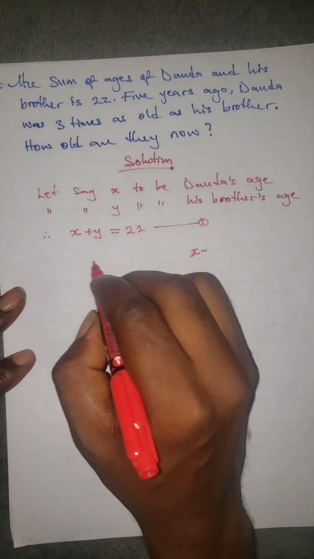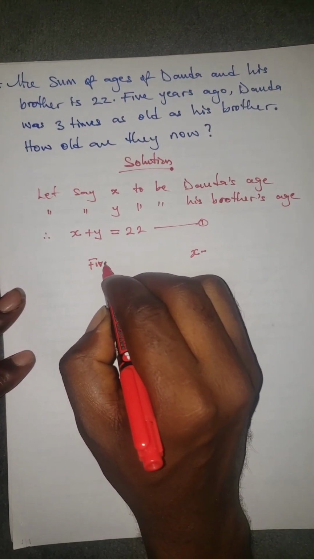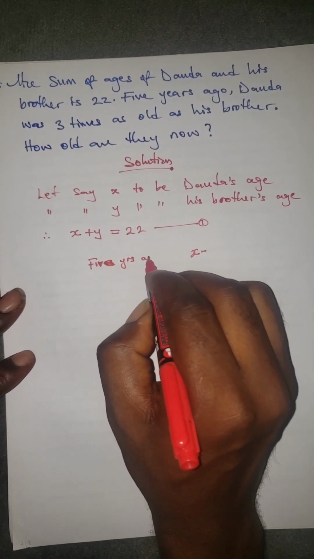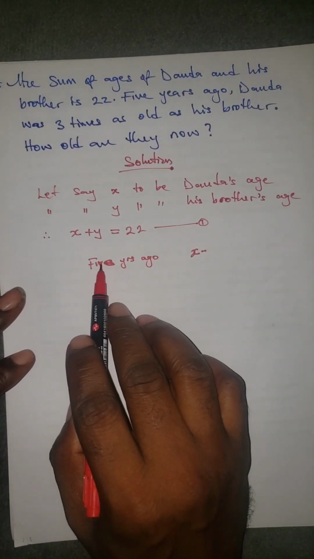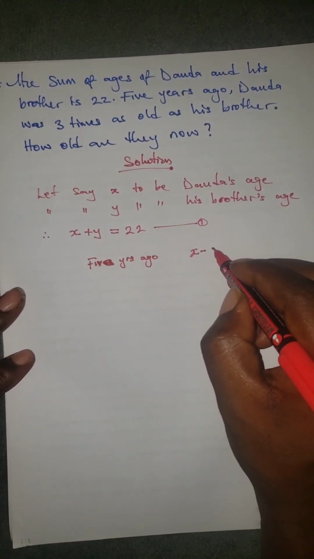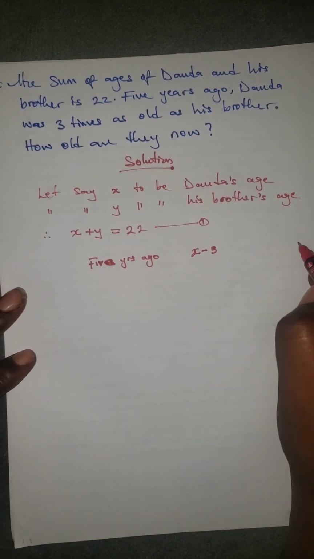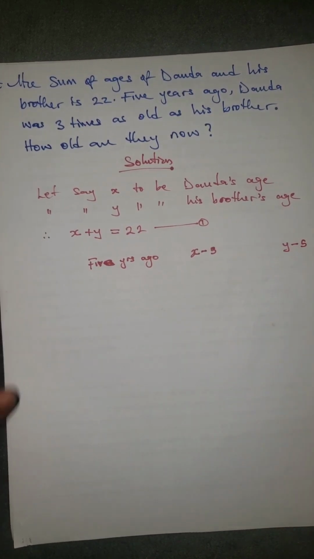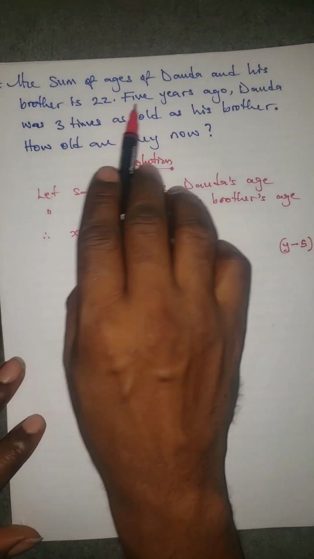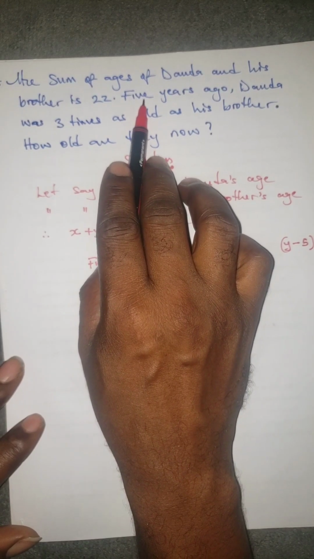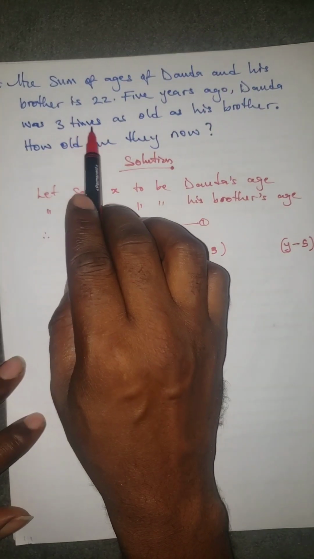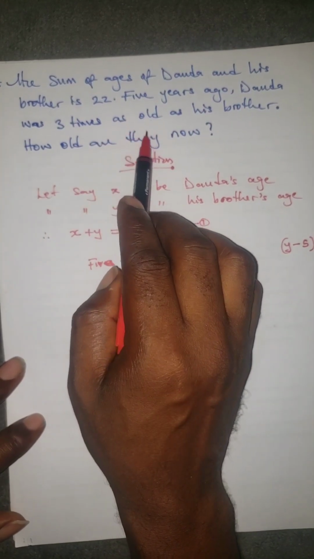Okay. So 5 years ago, Dauda's age will be x minus 5 and his brother's will be y minus 5. Now, these are their ages 5 years ago. The information on what happened 5 years ago is that Dauda was 3 times as old as his brother.